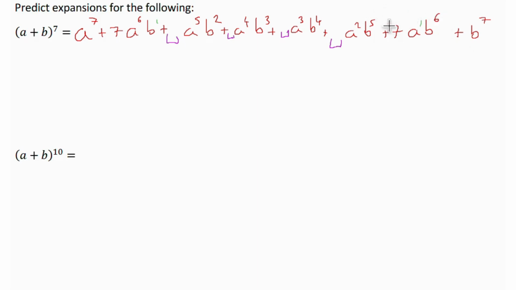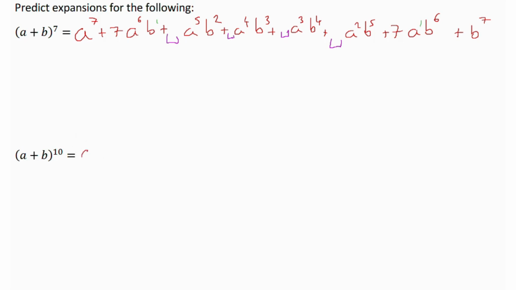Those powers in each term always add up to 7. 6 plus 1, 5 plus 2, 4 plus 3 always add up to 7, which was our power here. That's also something you might have noticed. And we talked about the coefficients 7 and 7 here. And these other coefficients, it's not immediately clear, as we said, what they're going to be, but we will get there. So let's have a think about what a plus b to the power of 10 might be.